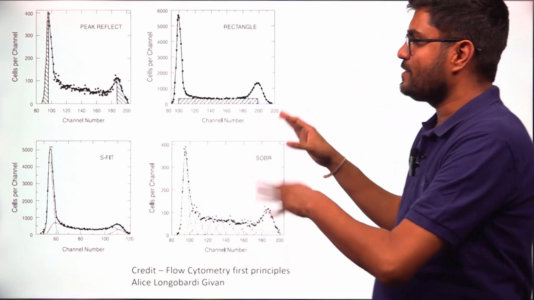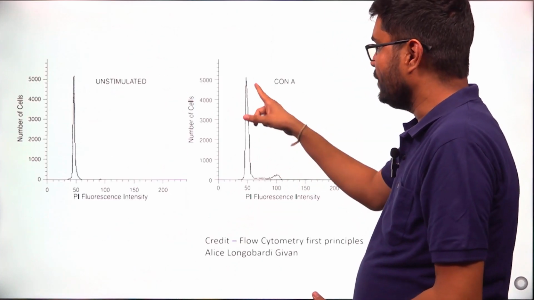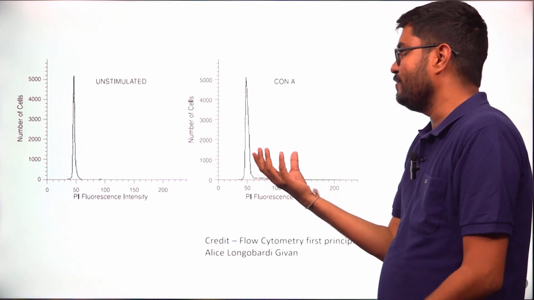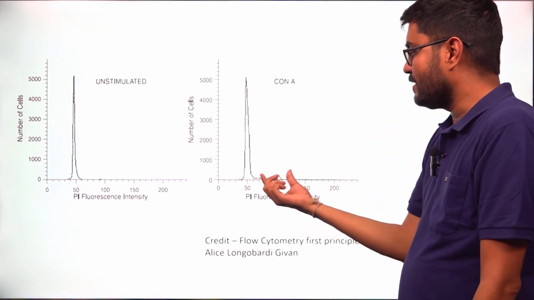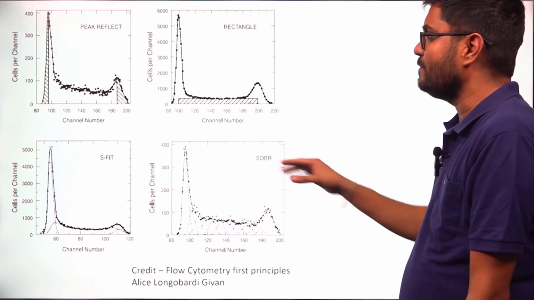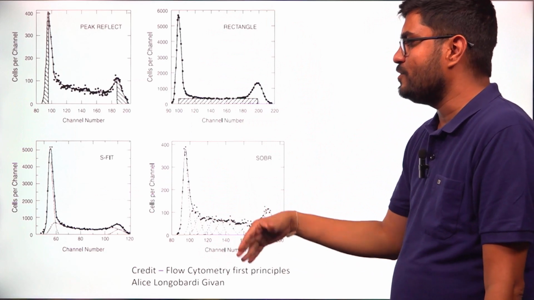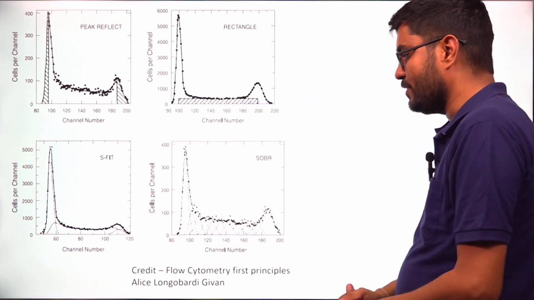But we are not that concerned about mathematics. We just have to understand that we can calculate the area under the curve. The software will tell us how many cells are in G1, how many cells are in S and how many cells are in G2. There are different mathematical models to do it, but software nowadays uses Gaussian distributions and polynomial equations.